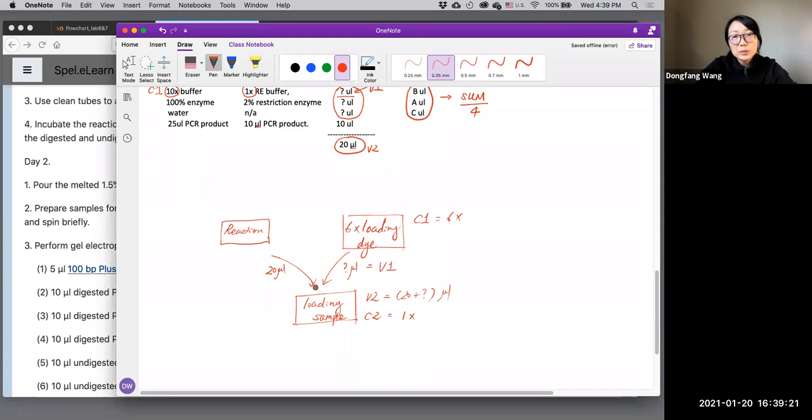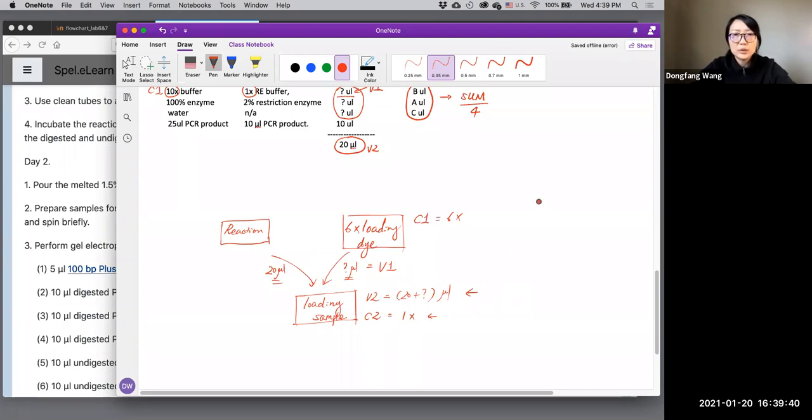Once you mix these two, you end up with a mixture. The volume of the mixture should be the two initial volumes combined. This is the V2. The concentration as indicated in the protocol is 1x, the working concentration.